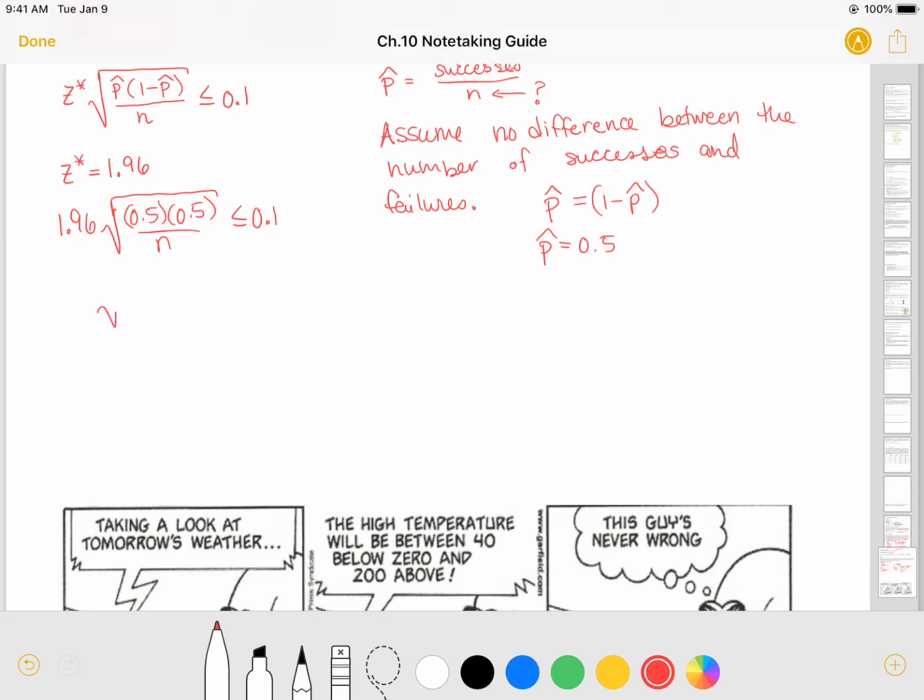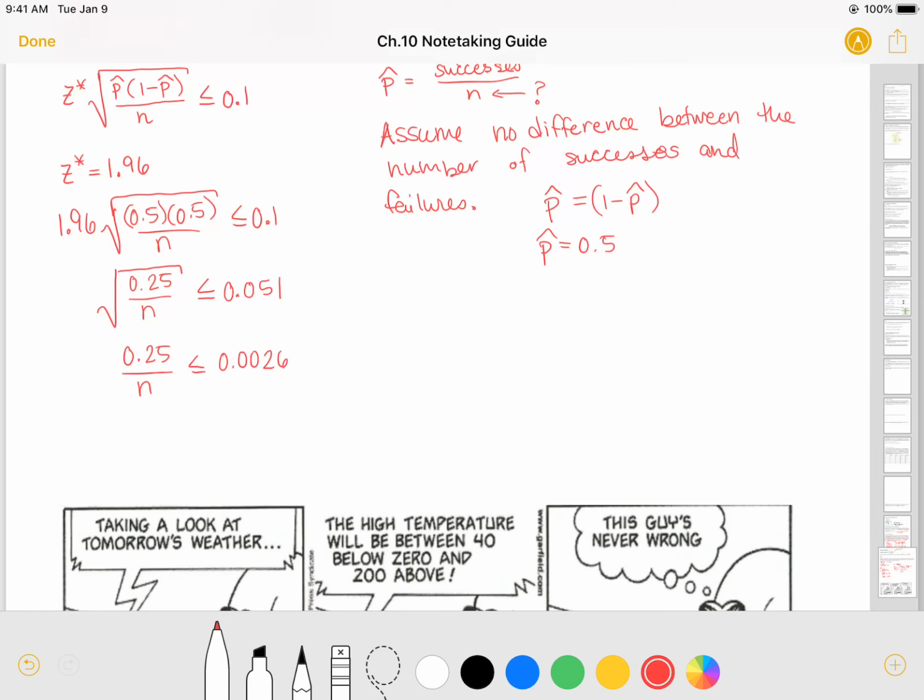What you should get here is the square root of, I'm going to multiply 0.5 by 0.5, and that gives us 0.25. So the square root of 0.25 over n is less than or equal to 0.051. Now we are going to square both sides of our inequality, which cancels out our square root, and we get 0.25 over n is less than or equal to 0.0026.